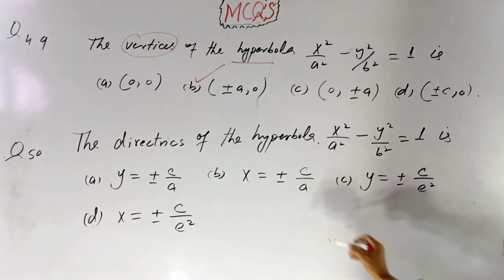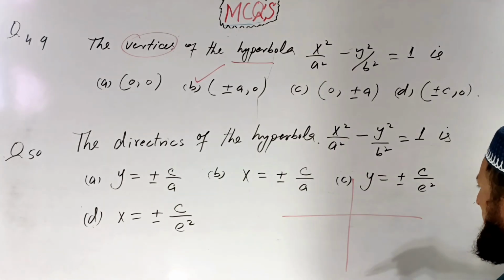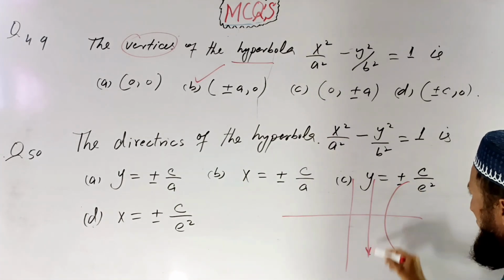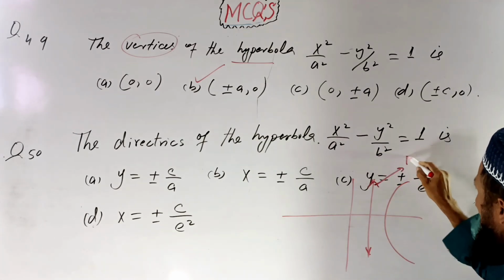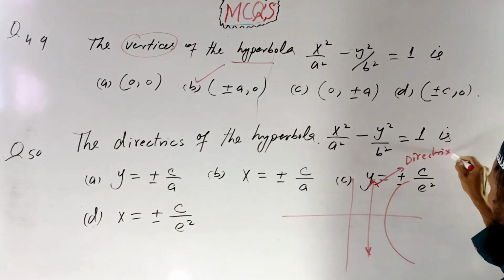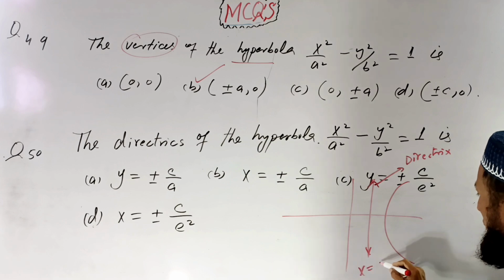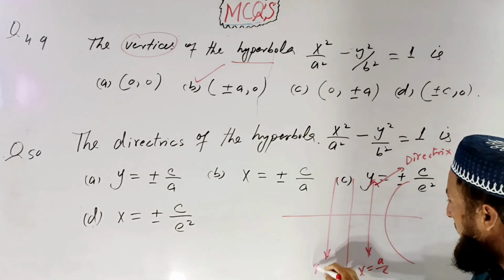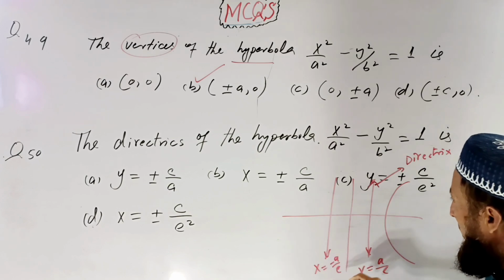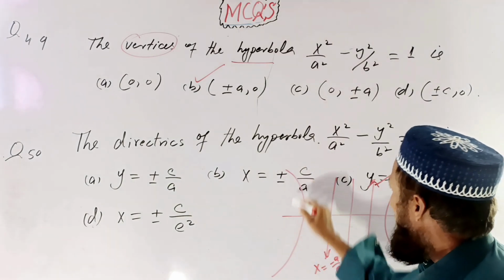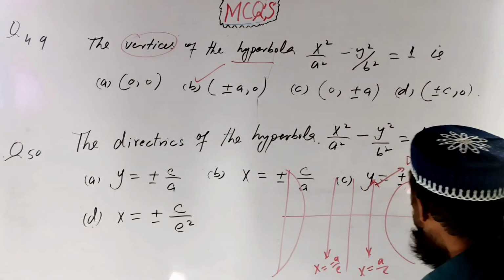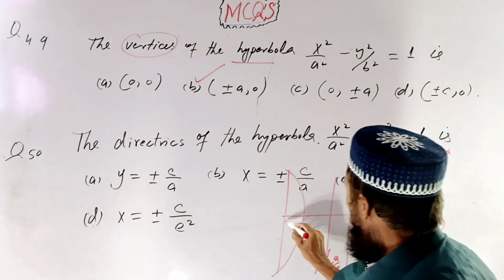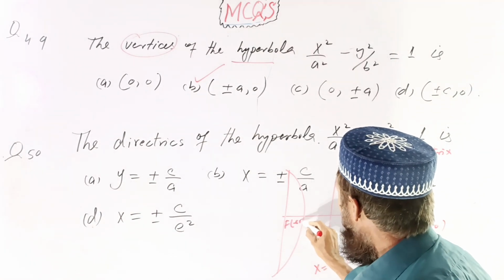So the transverse axis is being made, and this is the directrix line, x is equal to A divided by E, and here is the directrix line, x is equal to minus A divided by E, and this one is the hyperbola. Here the foci are C and 0, and minus C and 0.